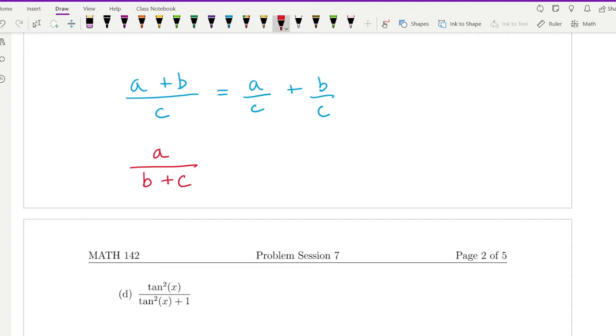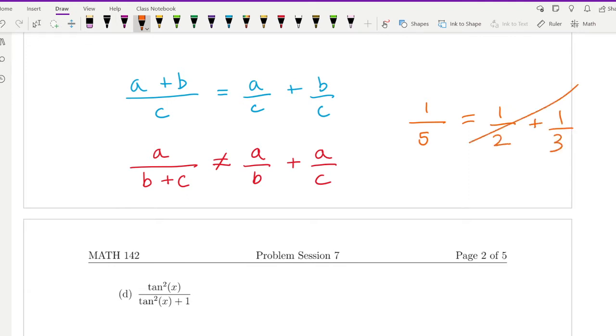If you have something like a over b plus c, that is not the same as a over b plus a over c, right? That's just not how fractions work. Like, it's not true that 1/5 is equal to 1/2 plus 1/3. That's just not how fractions work.